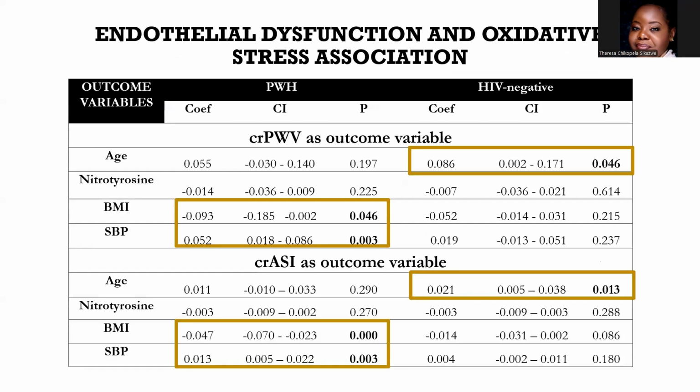We also noted in our models for carotid-radial pulse wave velocity and carotid-radial arterial stiffness index among people without HIV that BMI and SBP seemed to be very strongly associated with changes in carotid-radial pulse wave velocity, as well as carotid-radial arterial stiffness index, but not nitrotyrosine, when adjusted for age. However, in HIV-infected individuals, only age was associated with changes in arterial stiffness.